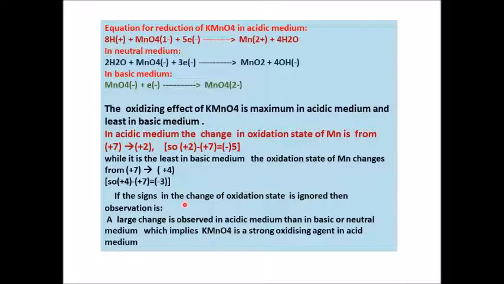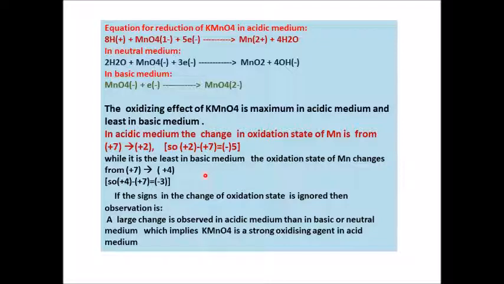Now, if the signs in the change in oxidation state are ignored, we see that the large change is observed in acidic medium than in basic or neutral medium, which implies that KMnO4 has always been a strong oxidizing agent and Mn itself has got reduced. That means Mn has given away all its electrons, maximum in acidic medium and minimum in basic or neutral medium.